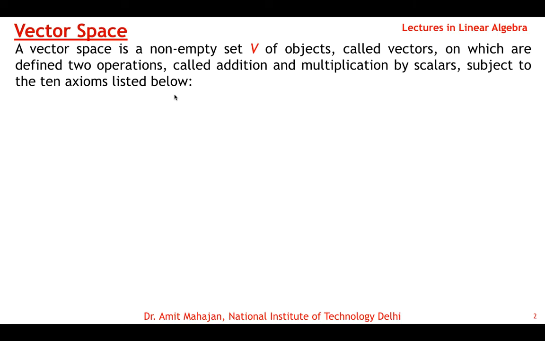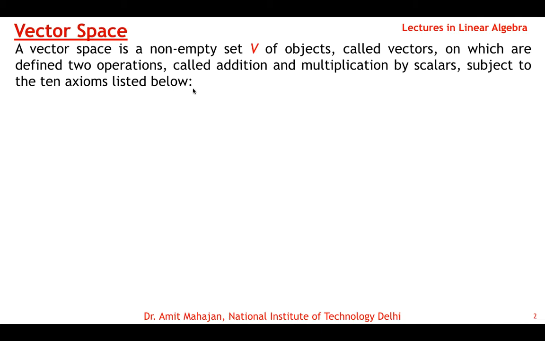Okay, so for a set V to be a vector space, first it has to be a non-empty set, and then on this set we define two operations, one is the addition operation and the other is the multiplication by scalar operation, and under these definitions of the two operations, if the 10 axioms, 10 properties, are satisfied, then we call this set V a vector space.